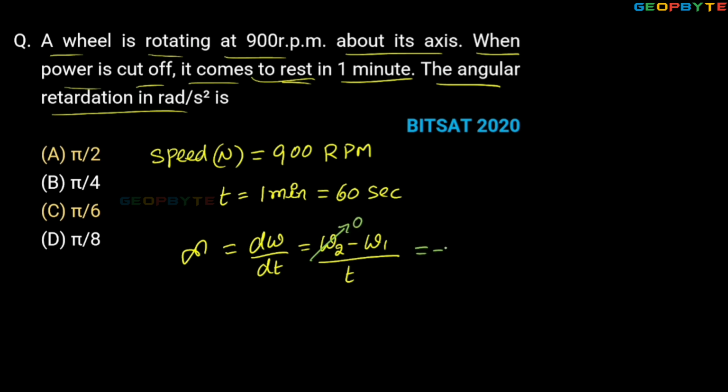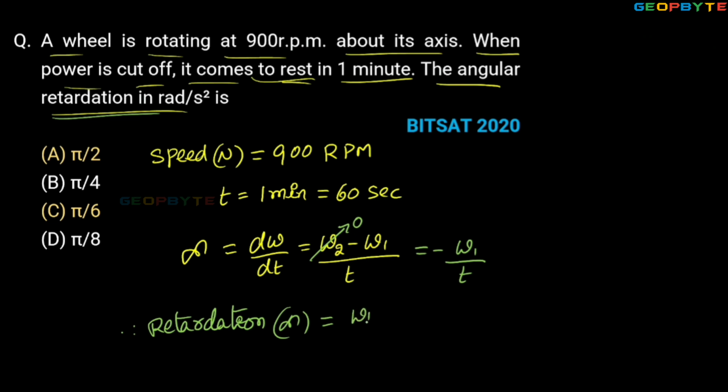Then it is equal to minus omega 1 by t. Here I need not consider the negative sign because it is asking retardation. Retardation means negative acceleration. Just to decide the magnitude of the acceleration.